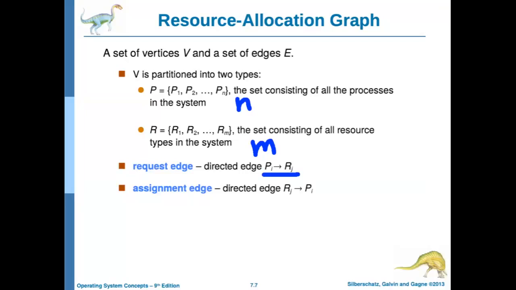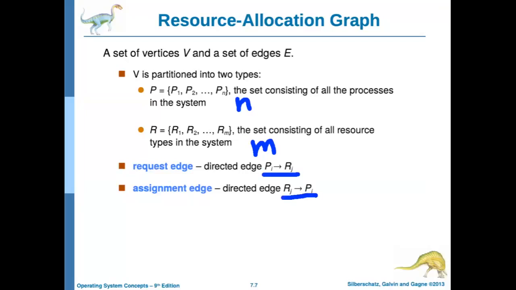And the assignment edge is used to denote the allocated resource for the process. This is also a directed edge, from R to P, that means from resource type to process.